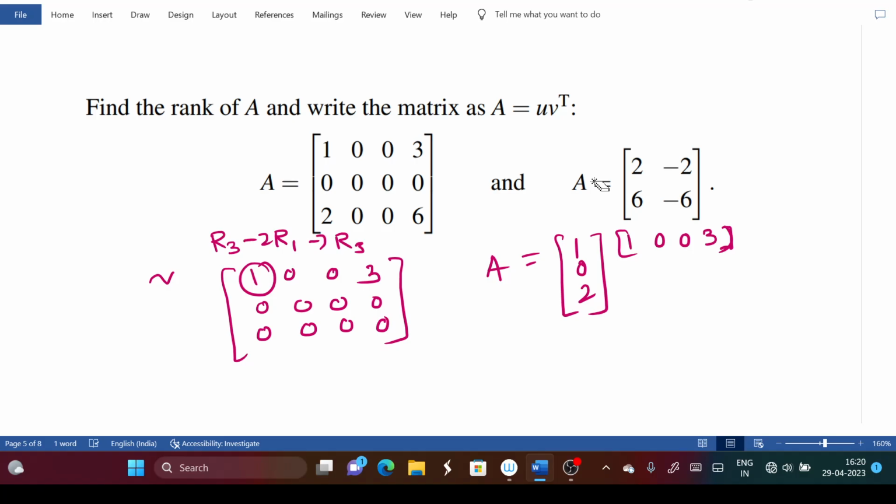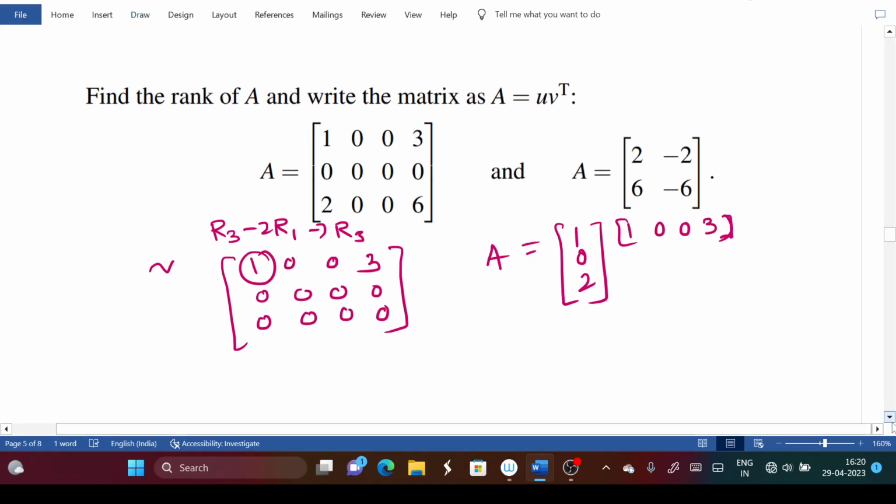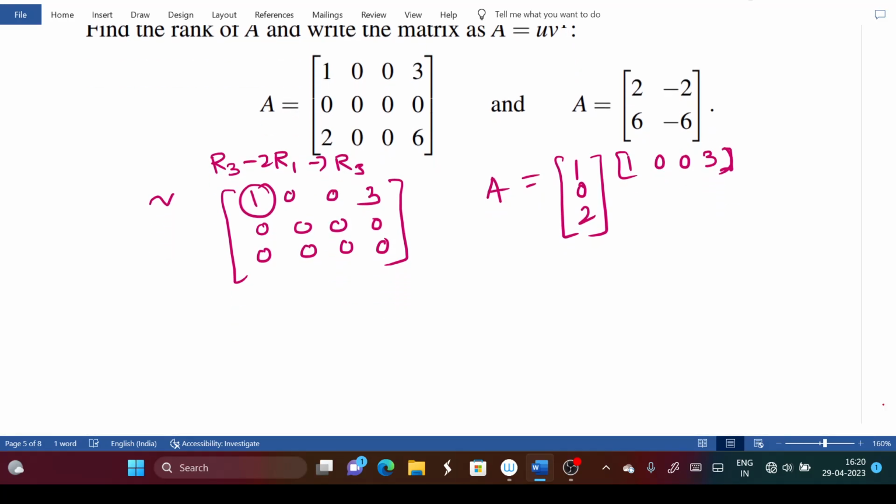Okay, this is my A. Similarly, for the second matrix, what will it be? A is equal to, let us convert it into row reduced echelon form. First of all, R2 minus 3R1 stored in R2.